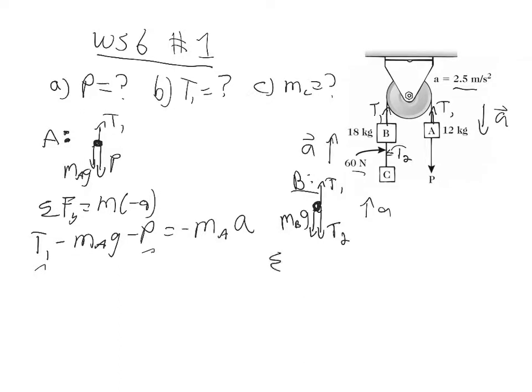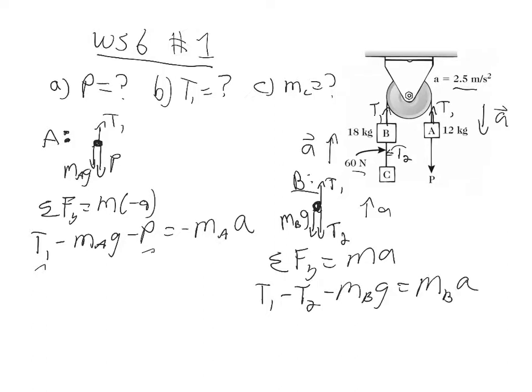So if we do the sum of the forces for block B in the y direction, it's going to be equal to mBa. And so we're going to have T1 minus T2 minus mBg equals mBa. So that's cool. And look, we're given mB, we are given T2, so we can find T1. All right, bonus.